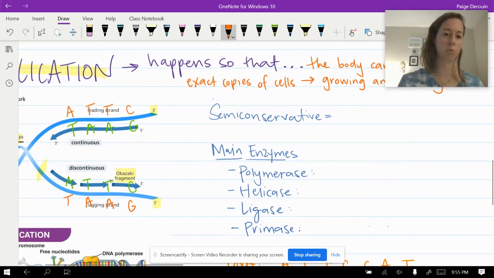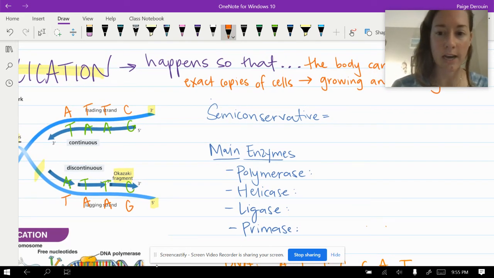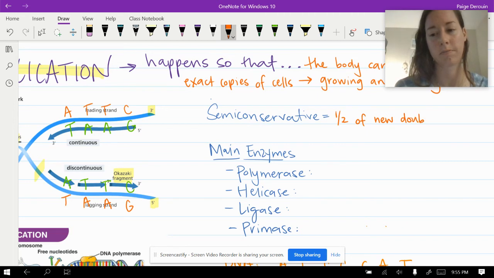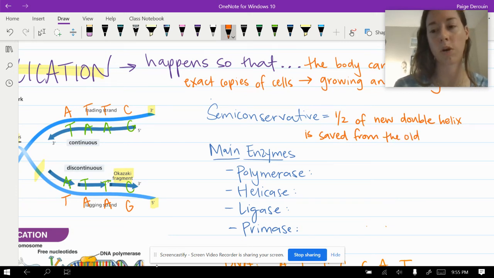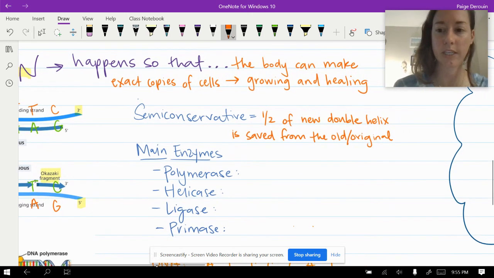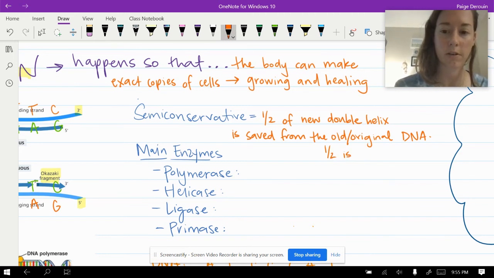So if I'm going to put that into words, what that means is that one half of the new double helix is saved, or conserved, from the old, or original, DNA, and the other half is newly paired.